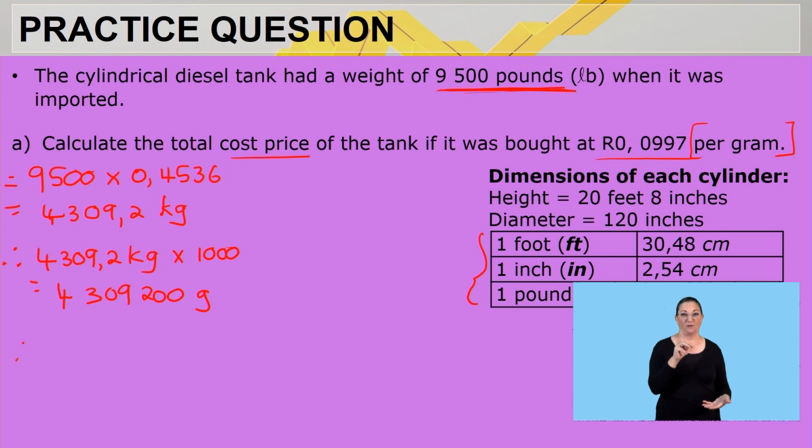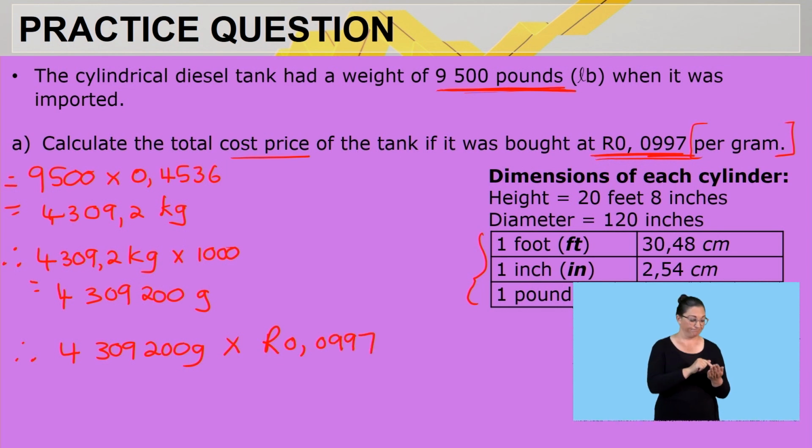Therefore, I'll take my 4,309,200 grams and multiply it by the rate of 0,0997 Rand. So let's quickly do that. 4,309,200 multiplied by 0,0997. That will give us a total cost.